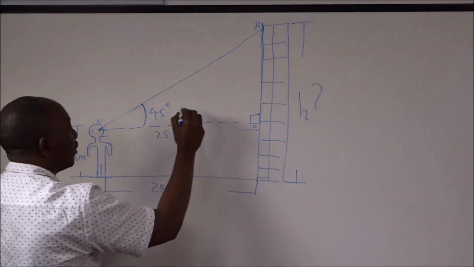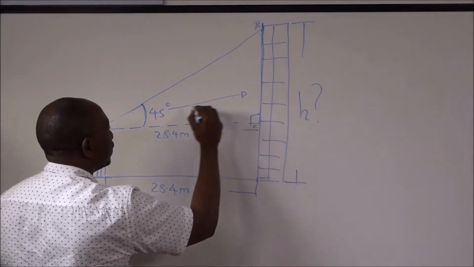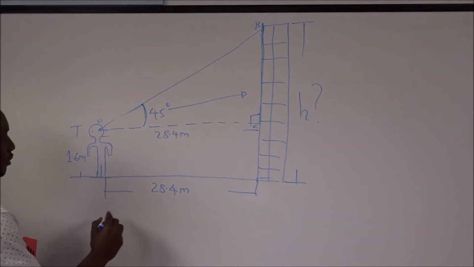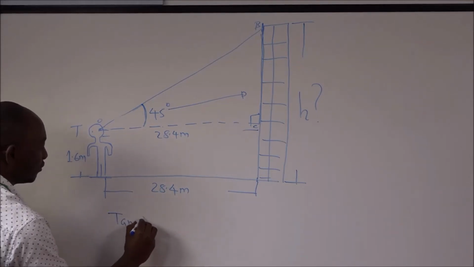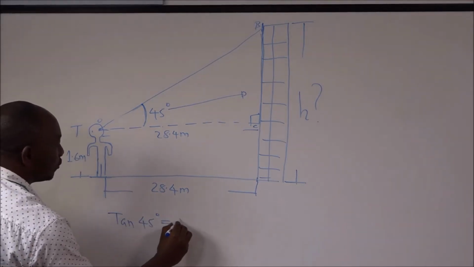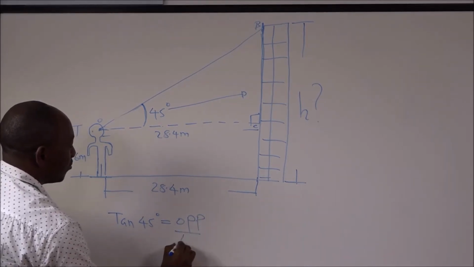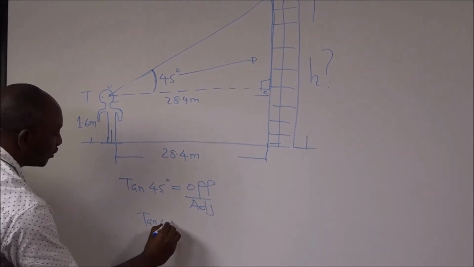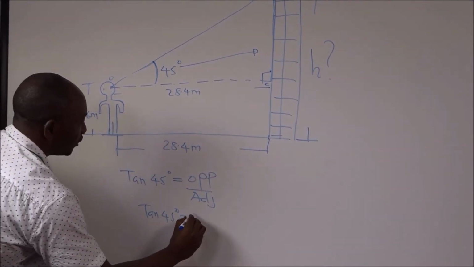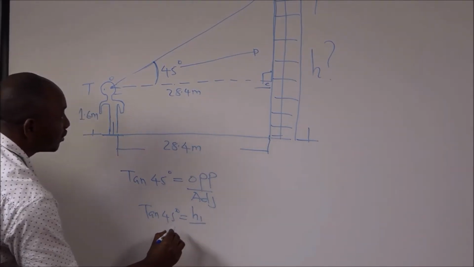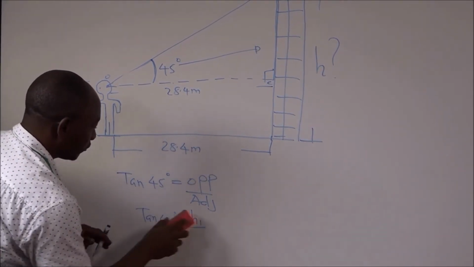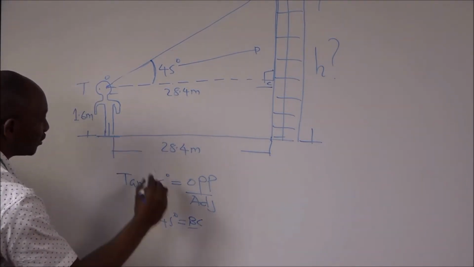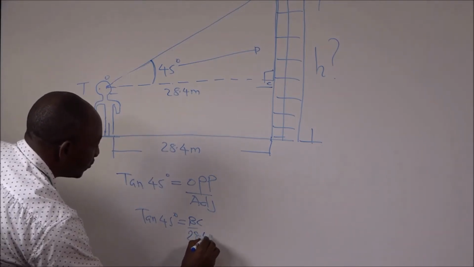So from there, this will be the opposite of this angle, and this one is adjacent, so we are going to use tan. So tan of angle 45 degrees is equal to opposite divided by adjacent. So this will be tan of angle 45 degrees equal to opposite, that is the height which we will have to find, that is BC, divided by adjacent, which is 28.4 meters.